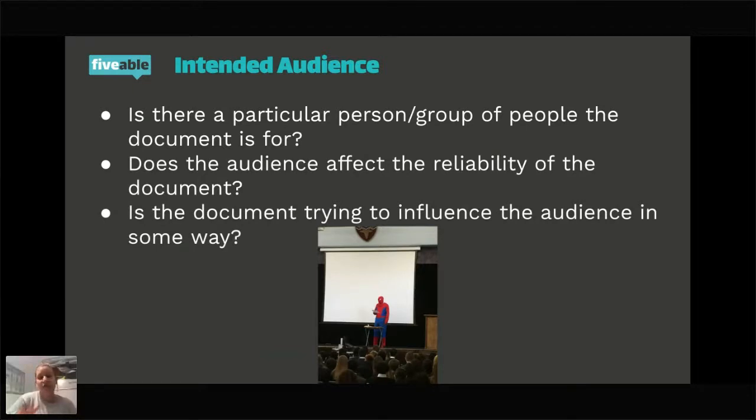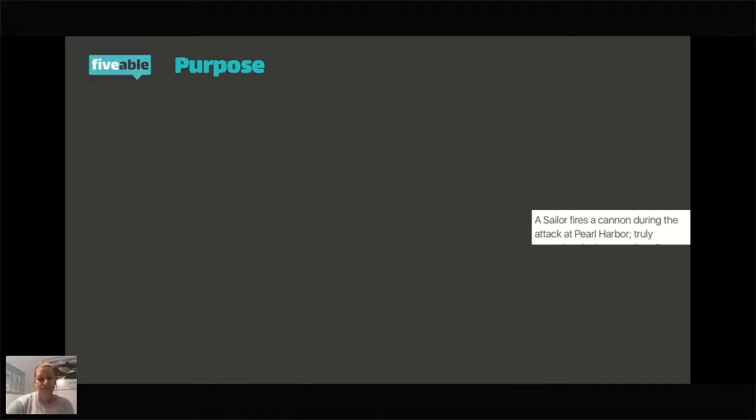This kind of overlaps a little bit with purpose, but when we're talking about that specific audience, focusing more on who the person is directed towards, then we can be looking at like, they're trying to convince this one person to do this one thing, or they're trying to convince this whole group that they're giving a speech towards to do something or to feel a certain way. That can go with that intended audience if we analyze it more in depth.